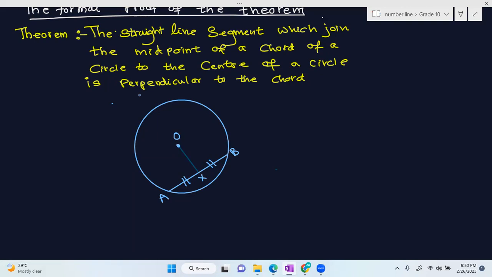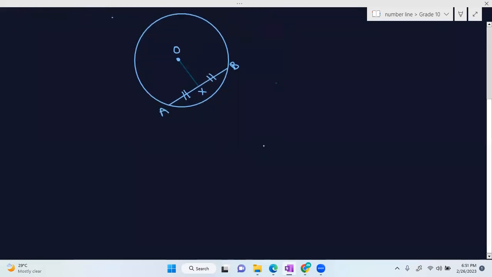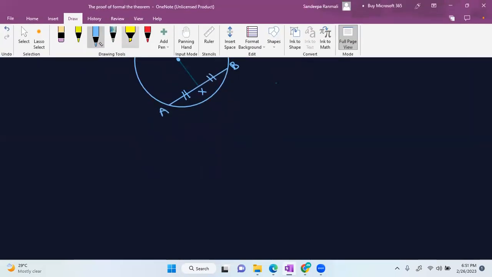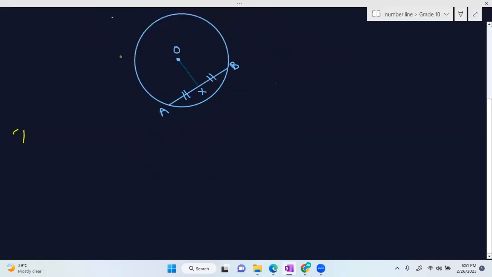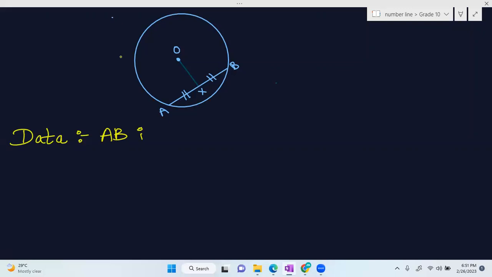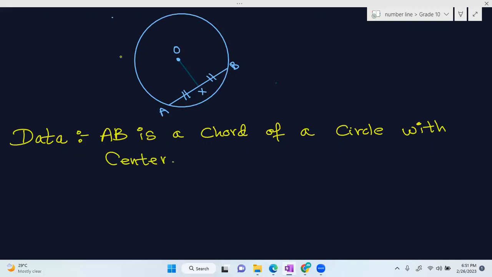Okay. Now this is the diagram which we use to do our formal proof. Now when we do a proof, first of all we need the data. Okay, then what is the data given here? The data is AB is a chord of a circle with center O. Okay, that means we have been given a particular description about the chord.